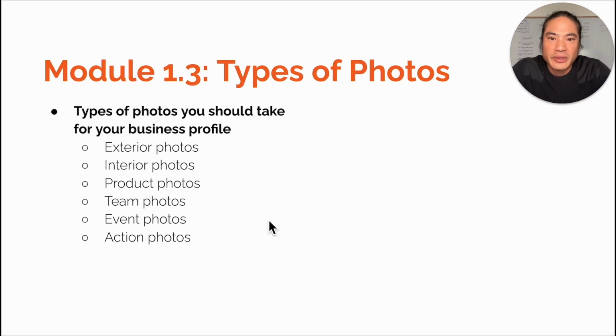All right, so part 3 of the first module is the different types of photos that you're going to want. We want to take photos that make sense. So exterior photos, interior photos, product shots, team shots, showing your team all together and also showing them in situations, what we call lifestyle.